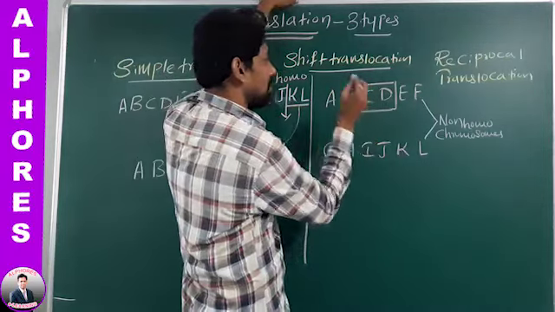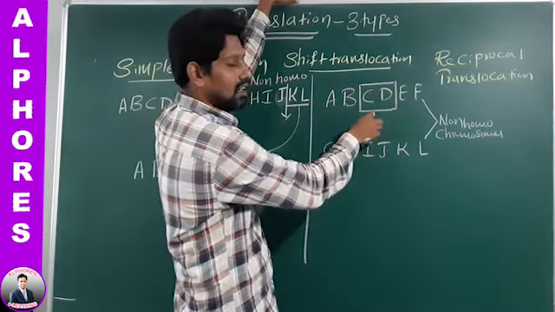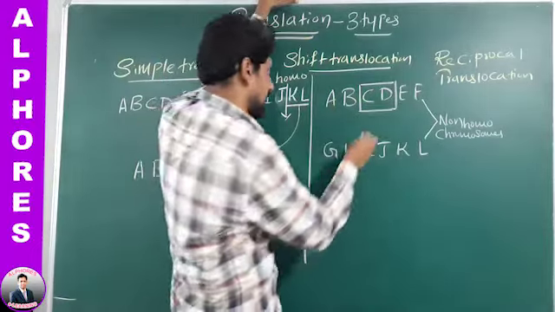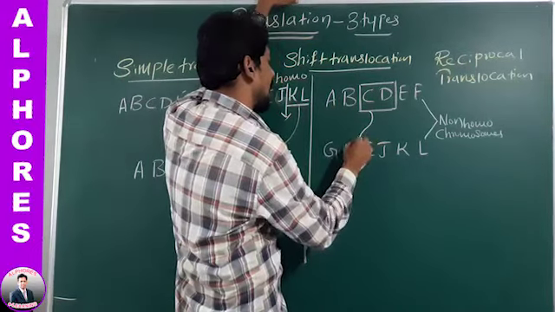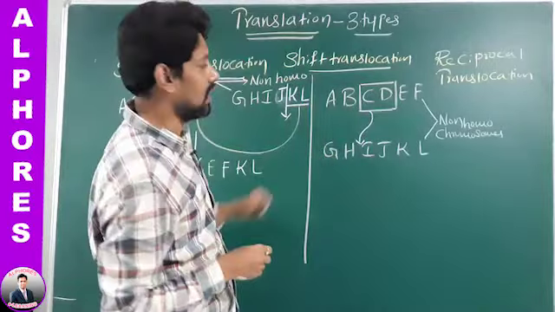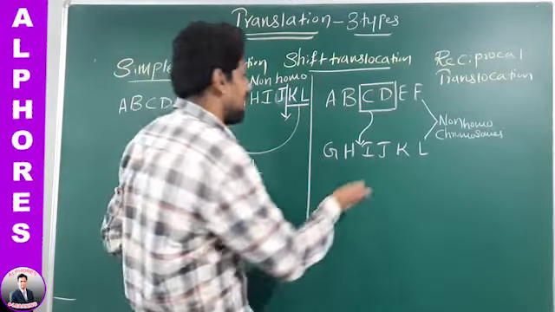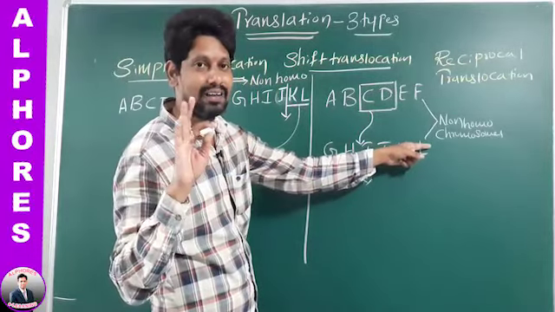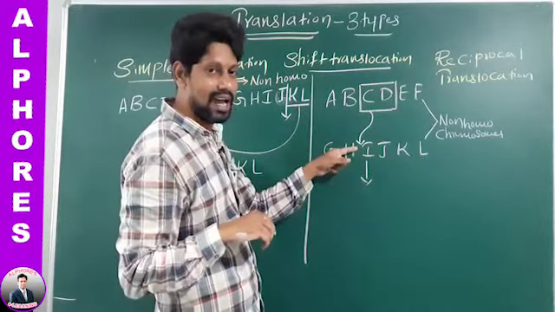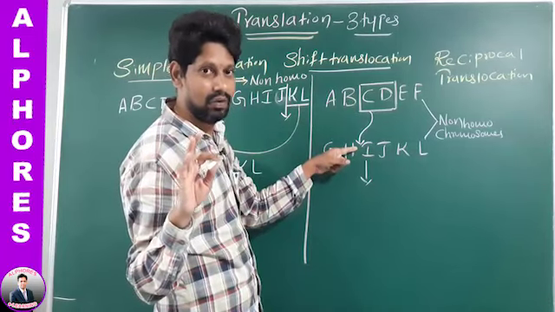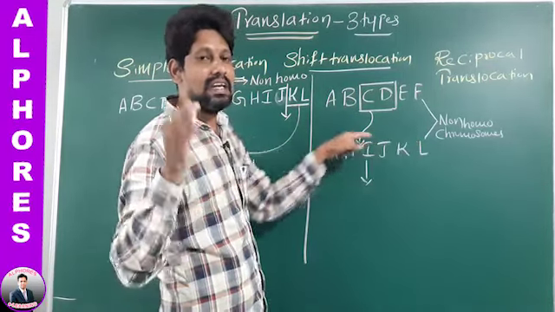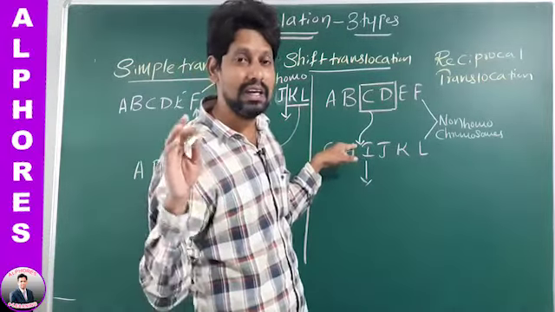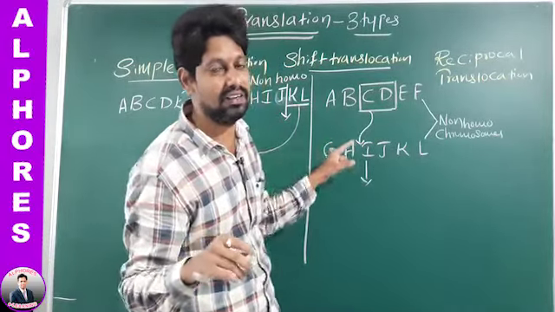Now this segment of chromosome comes and attaches to a non-homologous chromosome. Is it attached at the end? No, it is not attached at the end. It can attach to any part of the chromosome but not at the end.